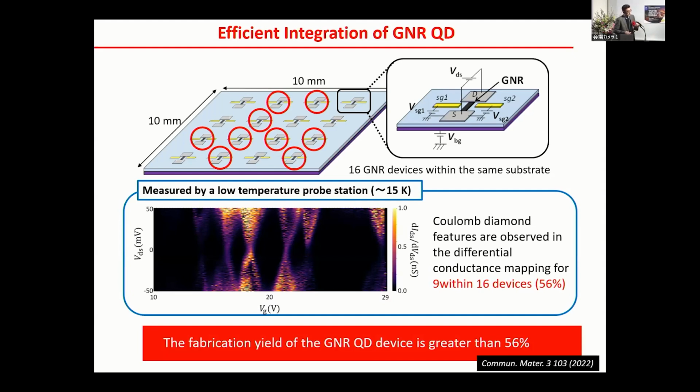So the fabrication yield of the quantum dot device is about 56%. It looks not so super high, but in terms of graphene-based quantum dot device fabrication, most graphene-based quantum dots, as already explained, are such nice devices among so many devices.